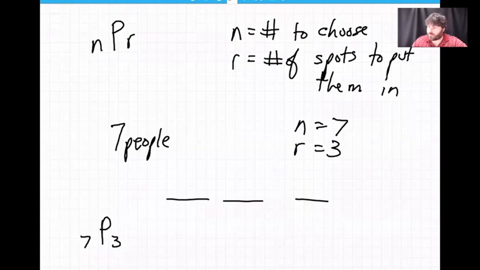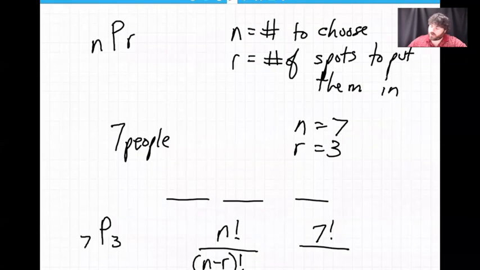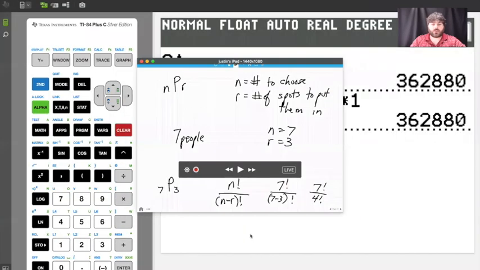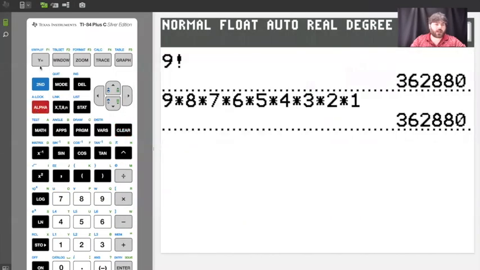So the formula is this, okay? N factorial over the difference between N and R factorial. So in our case, it'd be 7 factorial over the difference between N and R. So N minus R, that's 4 factorial. So 7 factorial over 4 factorial. Now you can definitely use your calculator here, right? Make a fraction out of alpha y equals enter.